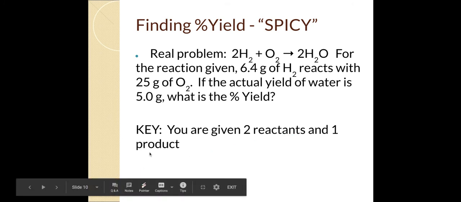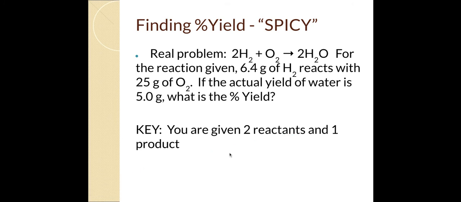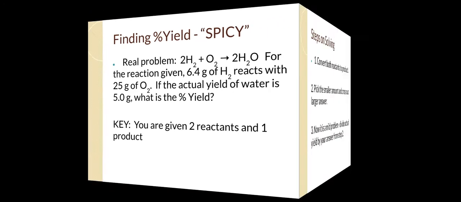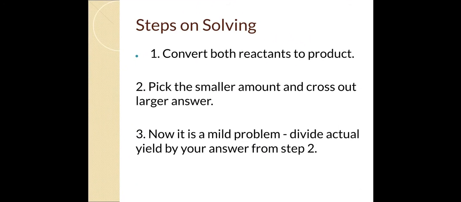Okay, so what does this mean? This is stuff that you guys have done. Whenever we're given 2 reactants, we kind of have to do that limiting reagent thing. But we're going to boil it down for you a little bit easier, just to simplify this for you, since there's so much action, so much stuff going on, right? So step 1, convert both reactants to the product. In this case, we'd want to convert to grams of water, because that was given to us in the problem.